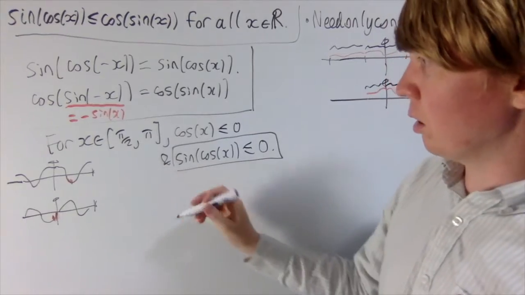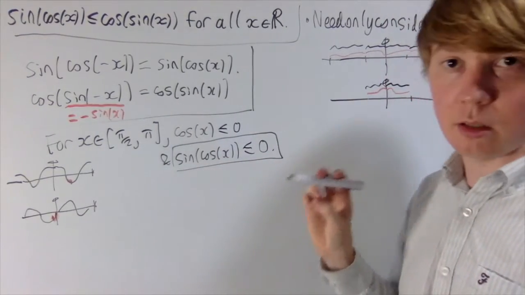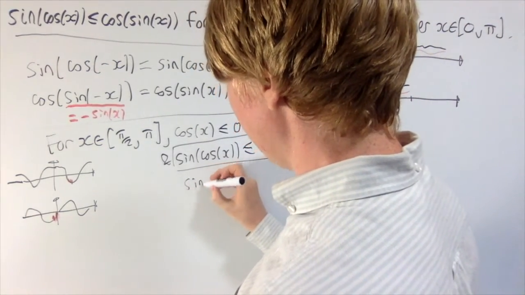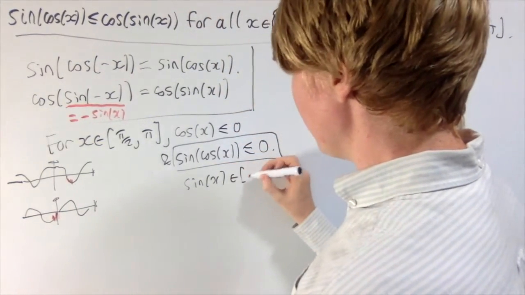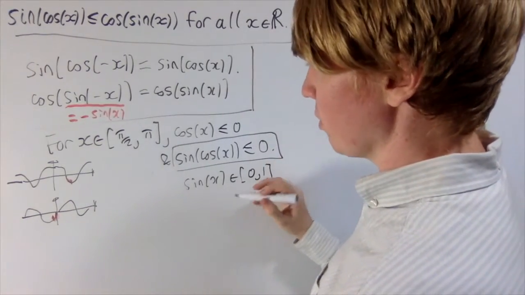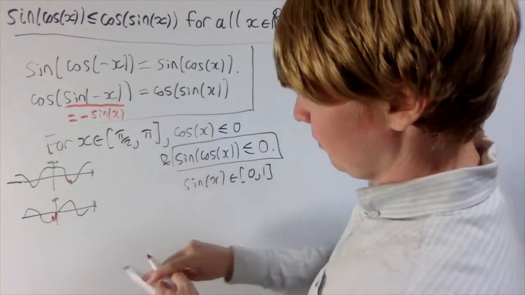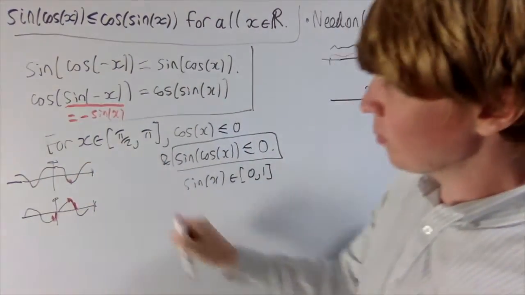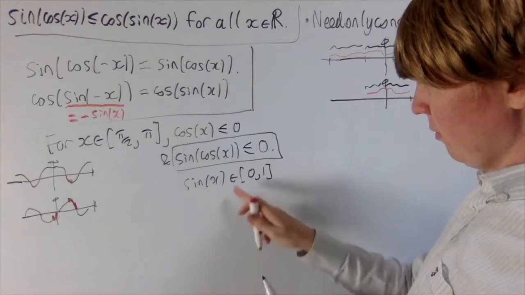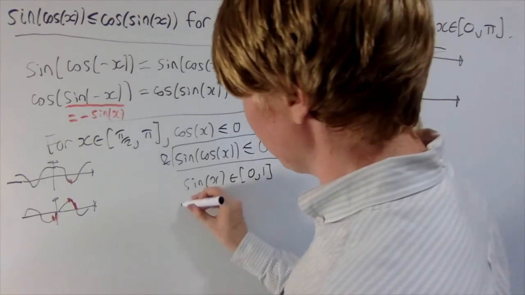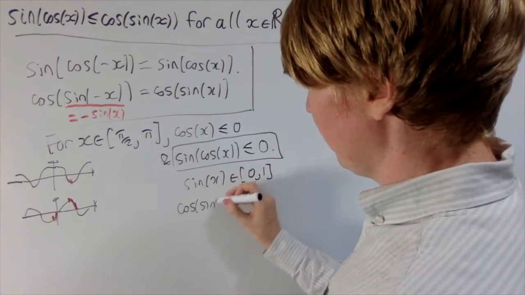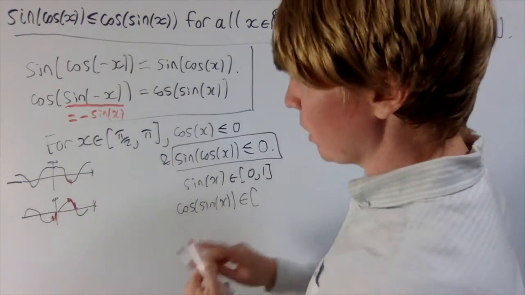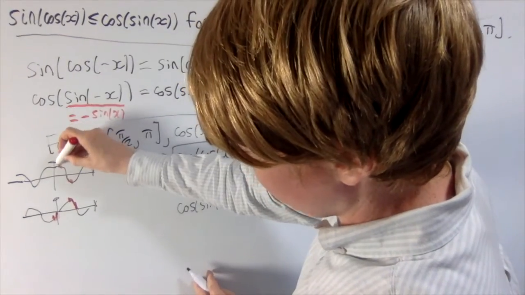But if we look at what's going to happen to cos of sine of x, it's going to turn out this is always going to be positive in this region, because sine of x is between 0 and 1 in this region. So sine of x between pi over 2 and pi, we're looking at this region here. Well, this is between 0 and 1. And then if you look at cos of sine of x, this is actually going to be what happens to cos between 0 and 1. We're in this little region here.